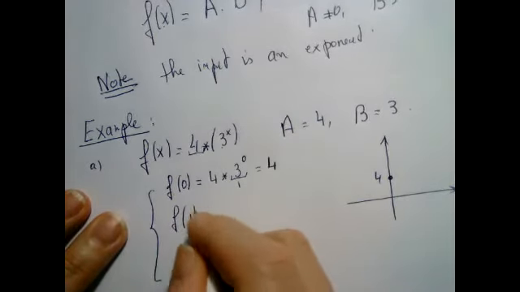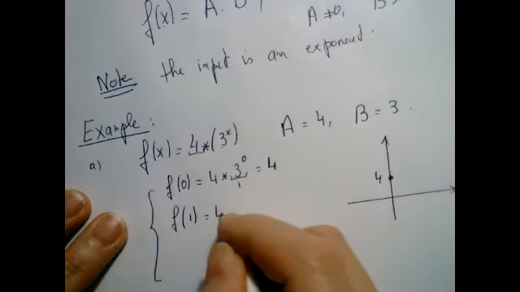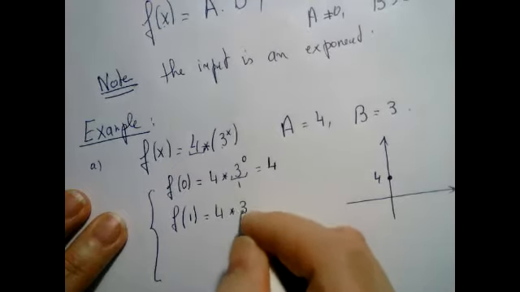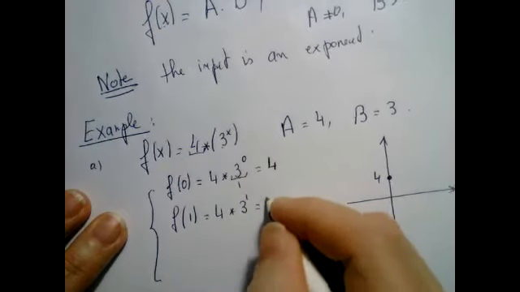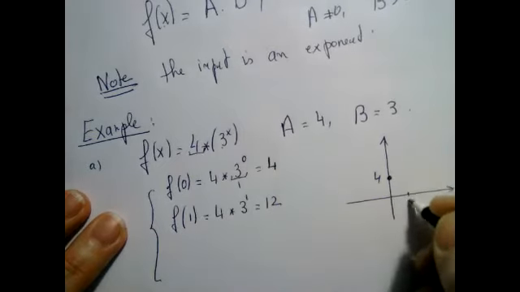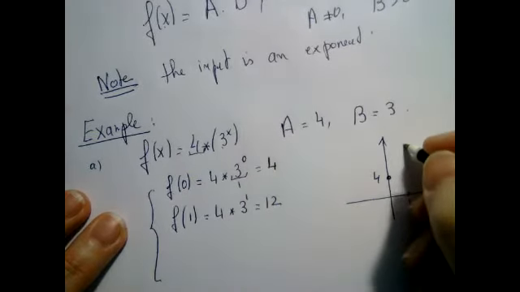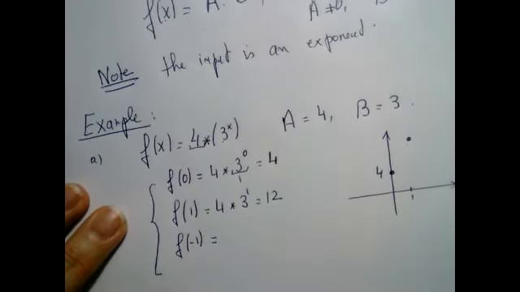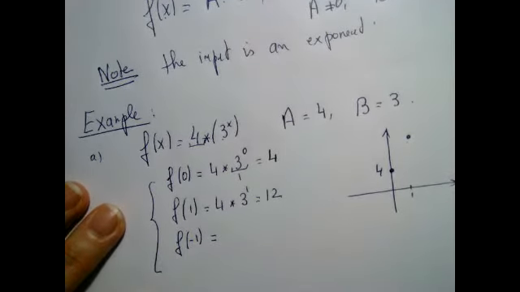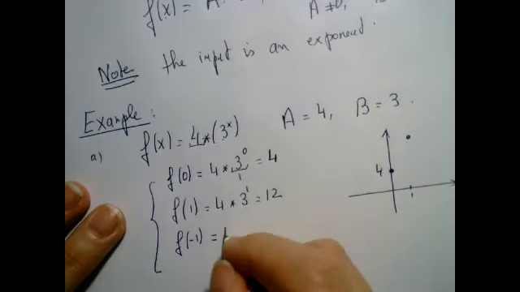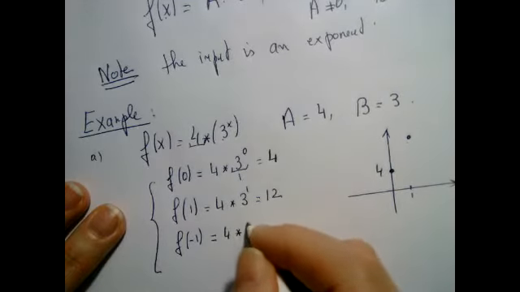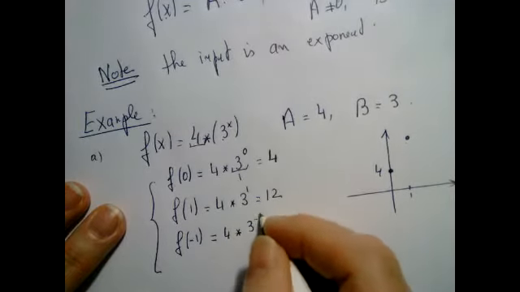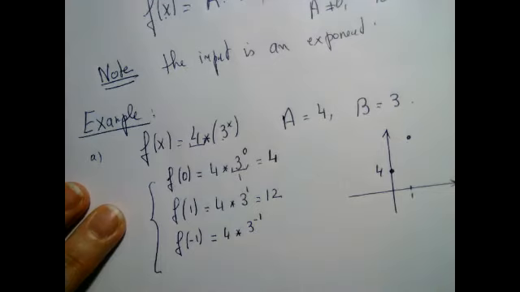Suppose I compute f of 1. It's 4 times 3 to the power 1, which is 12. So at 1, the function takes the value 12. Okay. So somewhere like this. Now let me evaluate f of minus 1. And that's why we introduced negative exponent before. It's 4 times 3 to the minus 1.